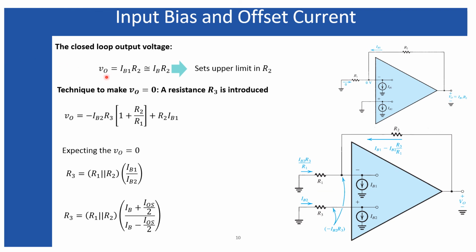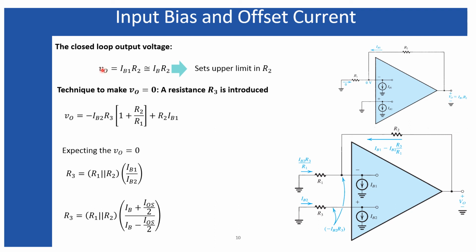Now, V naught should be 0 when both inputs are connected to 0, but still, due to this input offset current, we have a finite, non-zero value of the output voltage. That basically limits the upper limit of R2, because if a finite value of the base current IB exists, the highest value of R2 that we can apply is also limited.